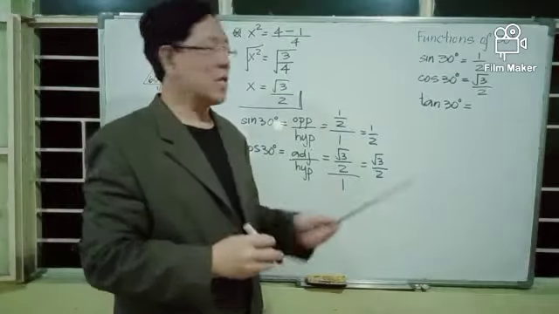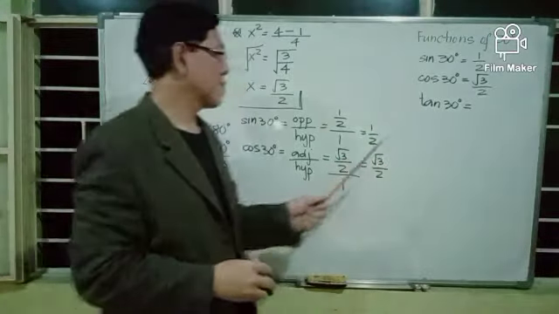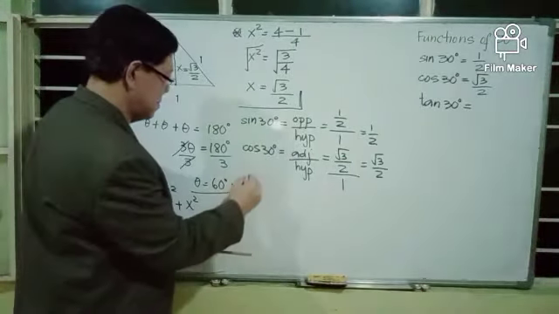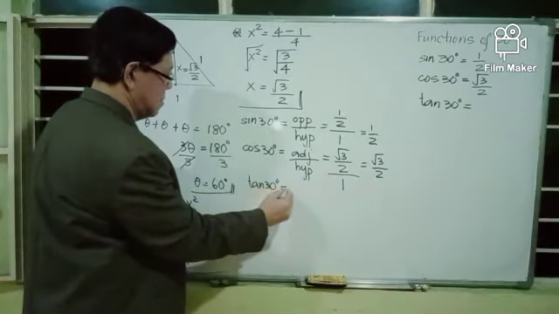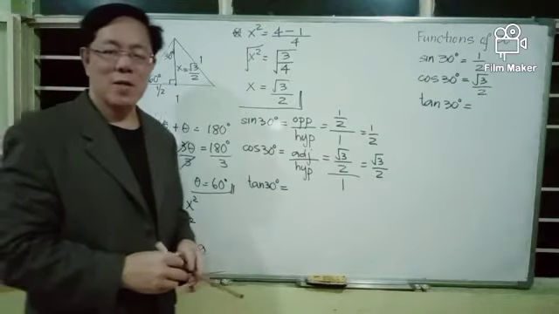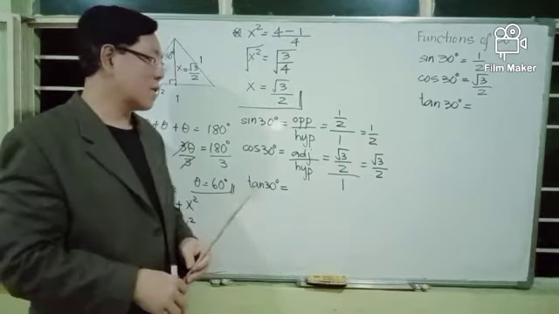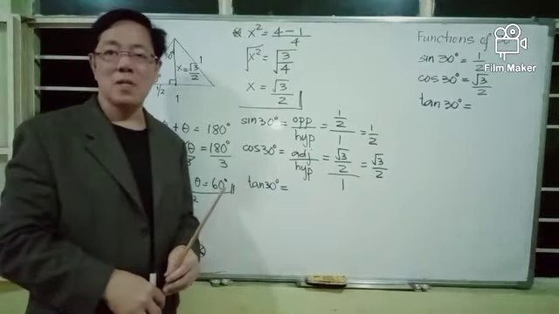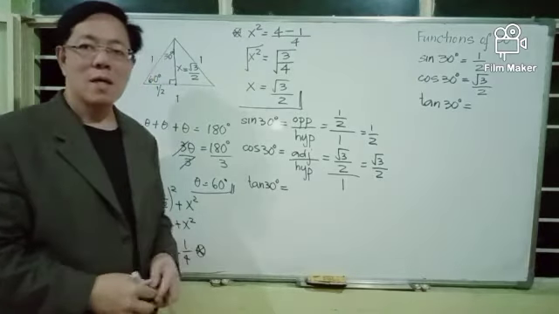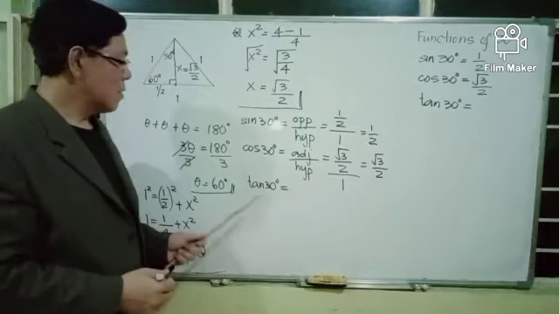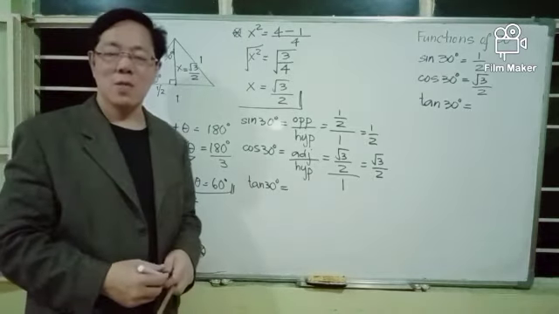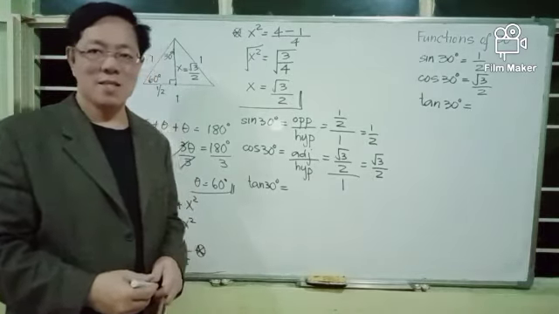Now we find the tangent of 30 degrees. The tangent of an acute angle from our past lesson is defined as the ratio of the side opposite the acute angle and the side adjacent to the acute angle, or tangent of 30 degrees equals opposite side divided by adjacent side.